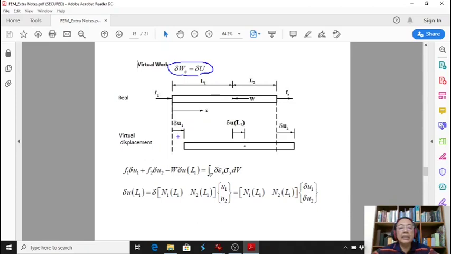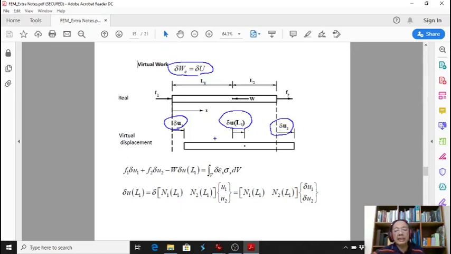The bar is displaced virtual U1 at the left hand, and at the right hand the bar is displaced virtual U2. At point W, where the point load acts, the virtual displacement is virtual U function of L1.